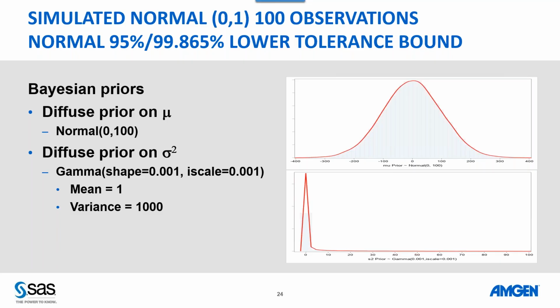Jeffreys prior at the same time is considered to be invariant to transformation. So more or less, it's non-informative in one dimension. It's considered to be somewhat non-informative in a different dimension as well. And even though this has a weird shape, that's why people still tend to associate this prior with being non-informative, because of the shape similarity.